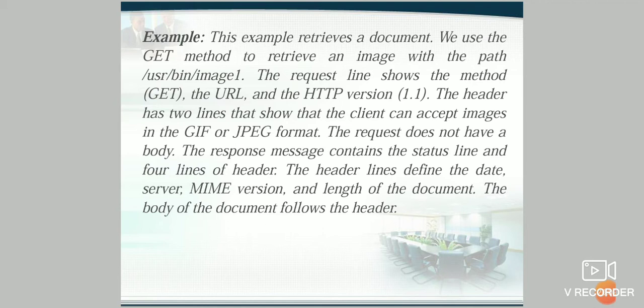The response message contains the status line and 4 lines of the header, and the header lines define the date. Now in the case of header lines, what we have to consider is date, server, MIME version, length of the document, and the body of the document follows the header.